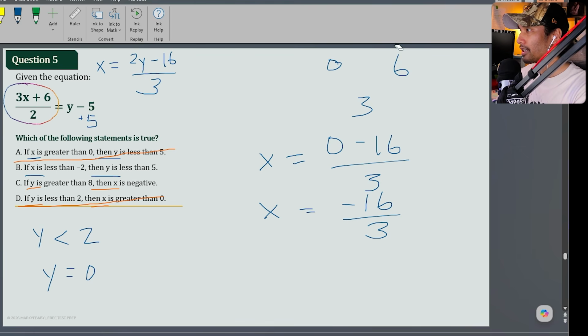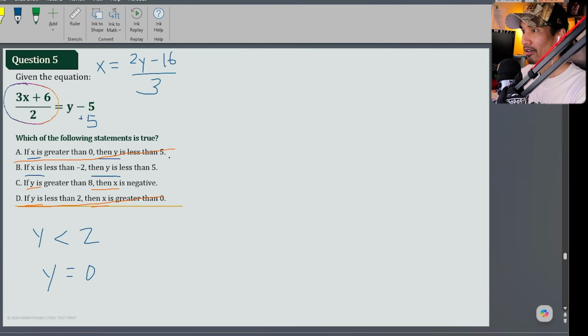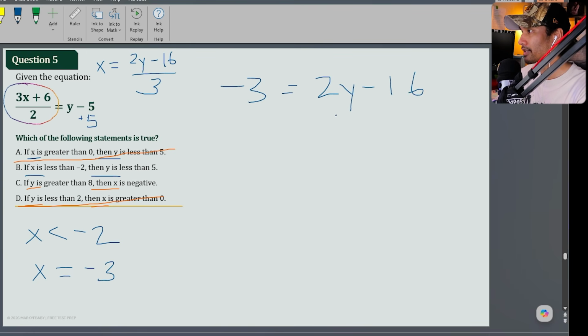So now let's go ahead and work out answer choice B. Is that right or is it wrong? Let's find out. If x is less than negative 2, then y is less than 5. I'm going to say x is negative 3. So negative 3 equals (2y minus 16) over 3.